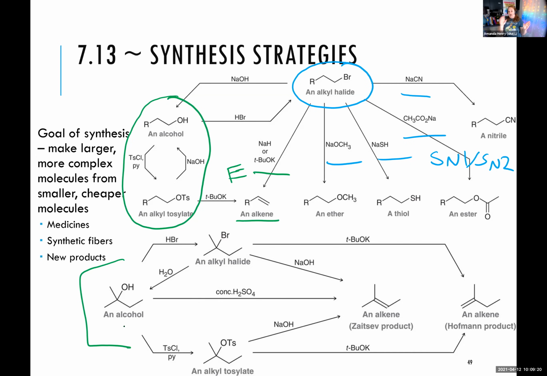So we'll be able to kind of group reactions together to start with something smaller or with a specific functional group and make something larger that has different functional groups. So we'll kind of revisit this slide and utilize those reactions as a whole as we're wrapping up chapter 8 or as we're looking at chapter 8 stuff.